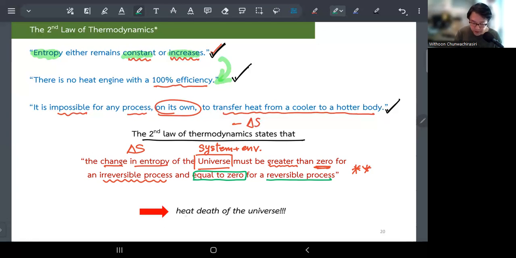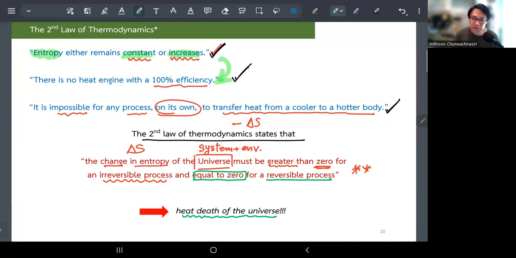That's why there is a statement saying that eventually you're going to go to the heat death of the universe, because that's the place where you increase your entropy until there's nothing else left to change anymore. That's the end of time. That's the end of everything.